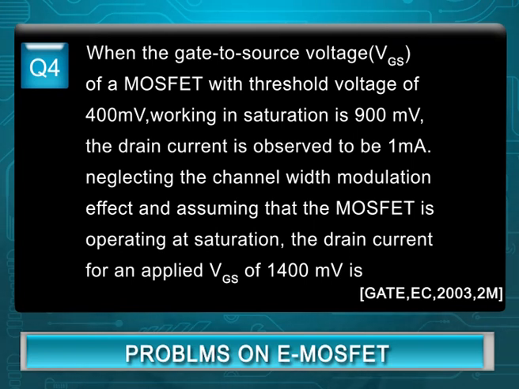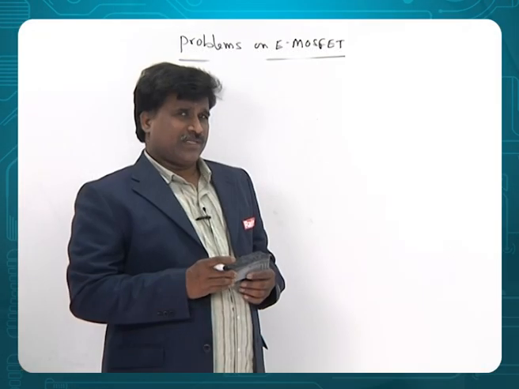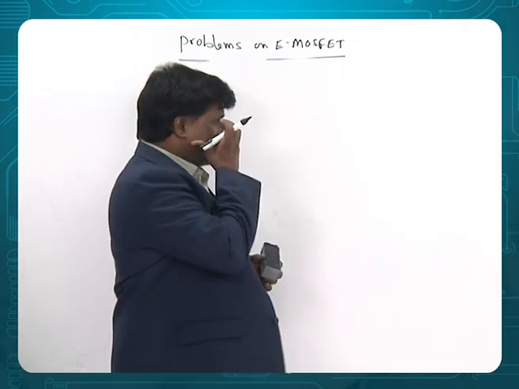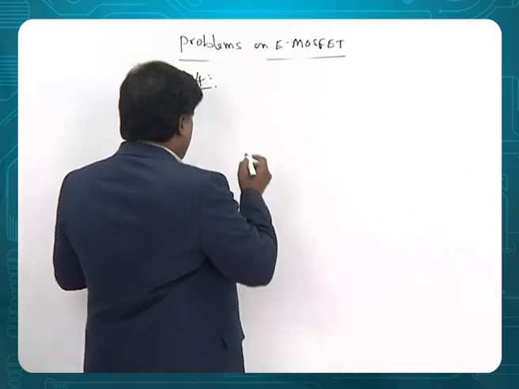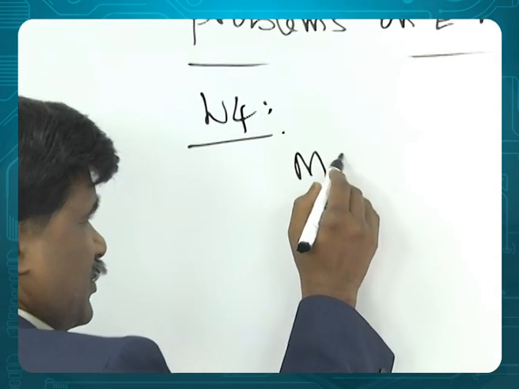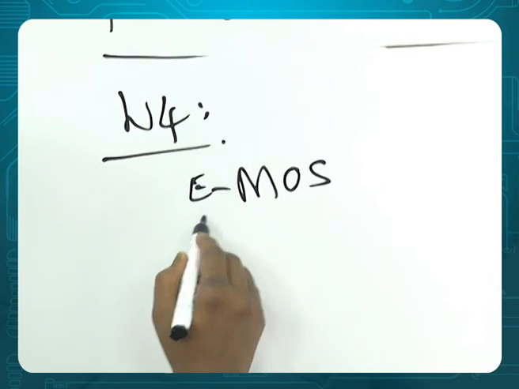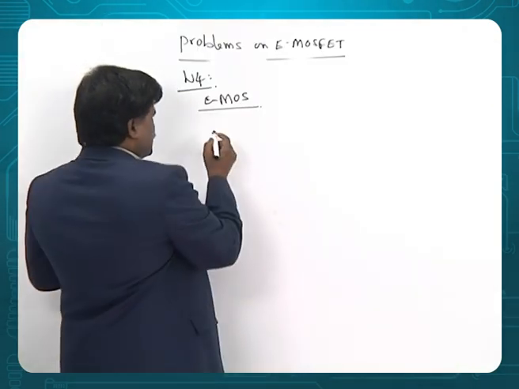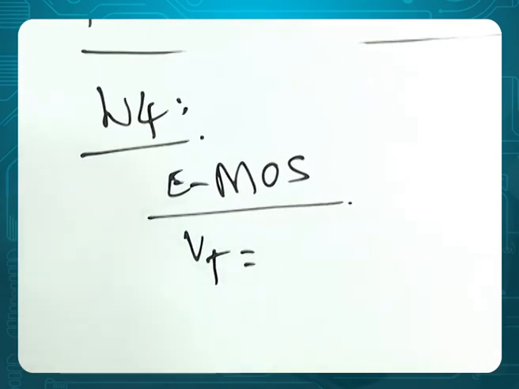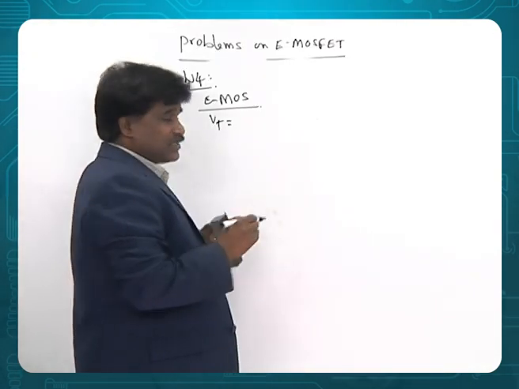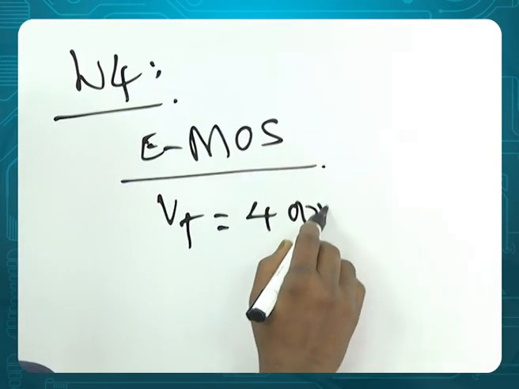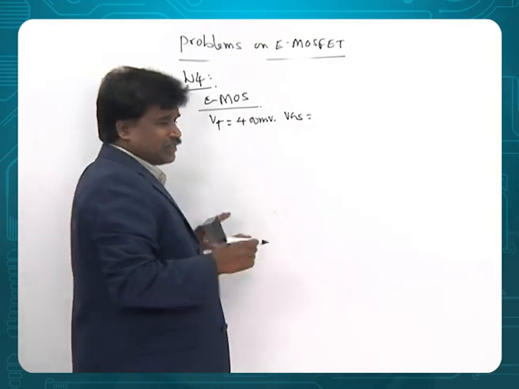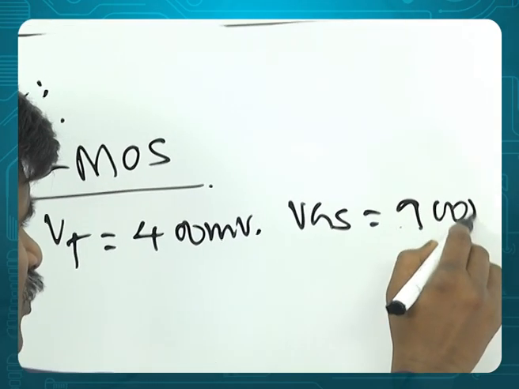You know why it is given for 2 marks? Because calculations are involved. Let me go one by one. In a MOSFET, this is basically enhancement MOSFET. First thing, the VT given to us is 400 millivolts and VGS given to us is 900 millivolts.